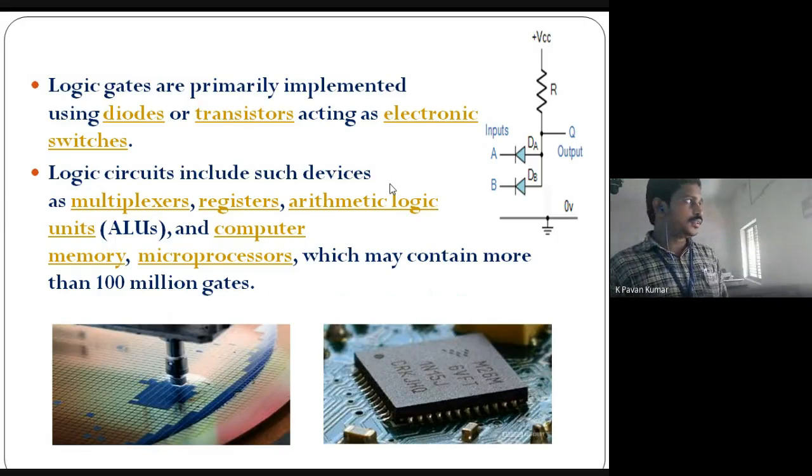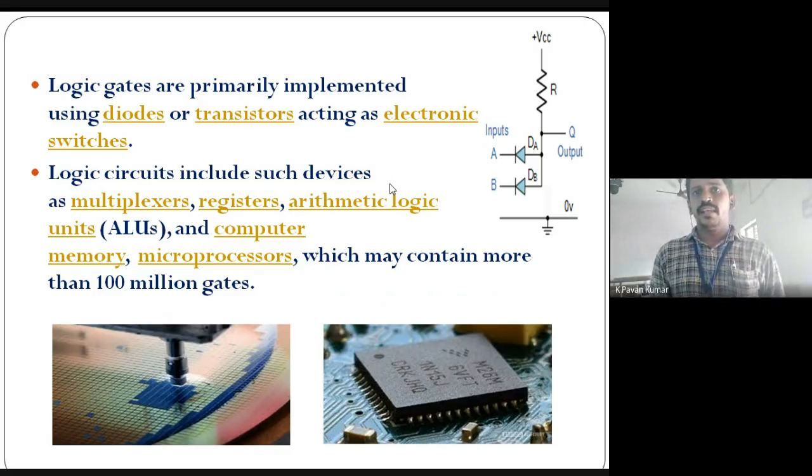Primarily we use logic gates like electronic switches for on and off purposes, with diodes in forward bias and reverse bias, and transistors acting in three operating regions: active region, cutoff region, and saturation region. These are primarily used for logic gates in different devices.